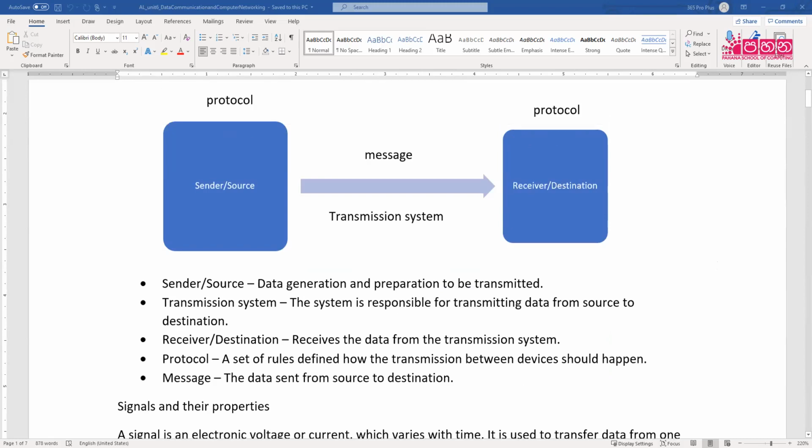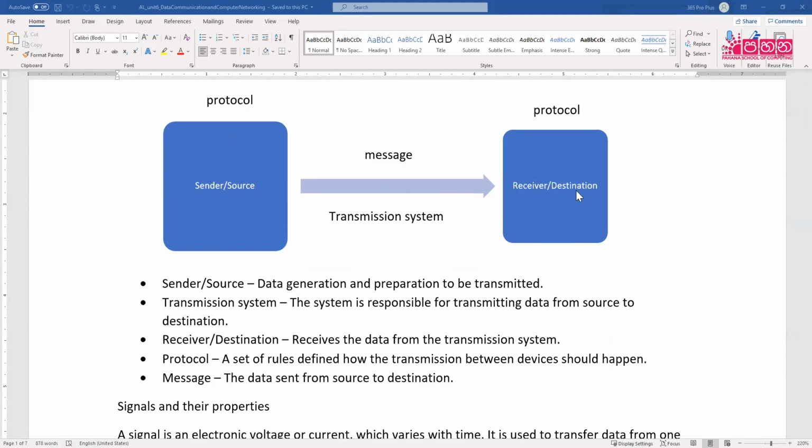The sender is the one who generates the data, and then it will transmit it through this. The receiver will receive the transmitted data, and the transmission system is responsible for sending data from the sender to the receiver.